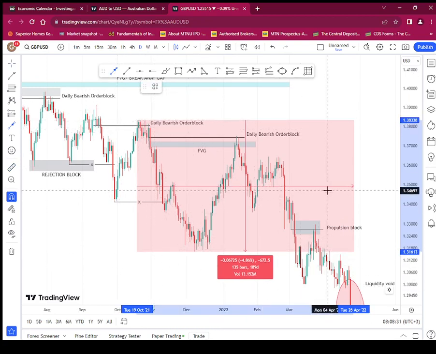It means that anything on the upper half will be my premium, and anything on the lower half will be my discounted areas. Now I don't want to see the market breaking this down and then pulling back while I'm trying to sell from these areas. No, I want to sell the market in premium areas and not in discounted areas.